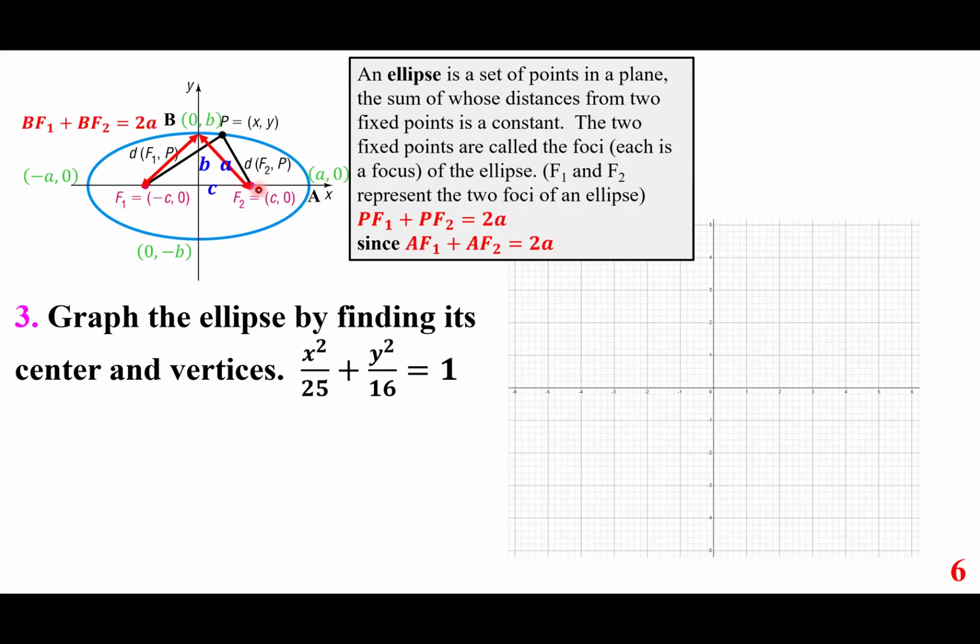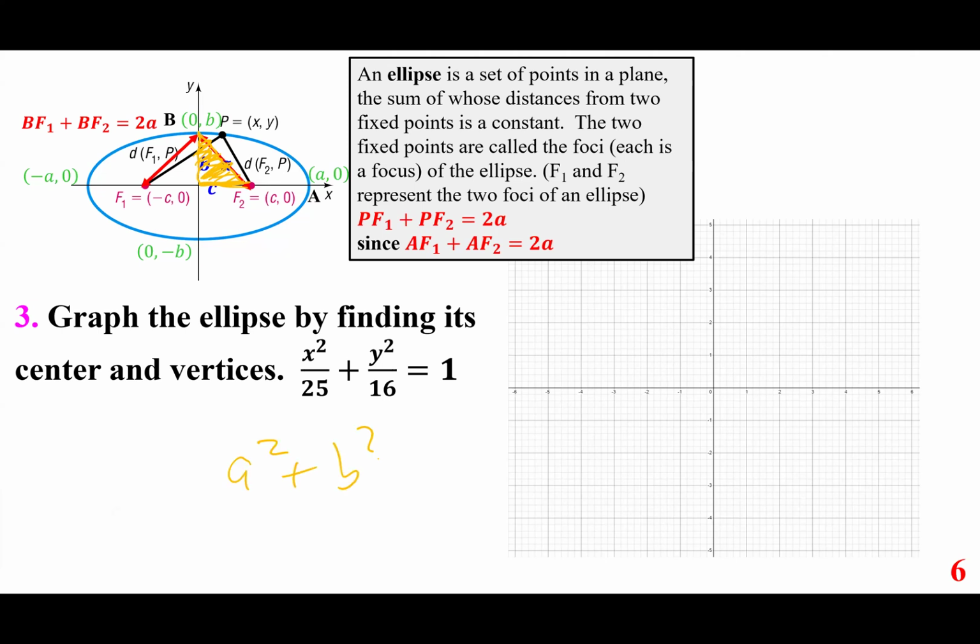And it gives rise to the Pythagorean theorem. In this case, a squared equals b squared plus c squared.